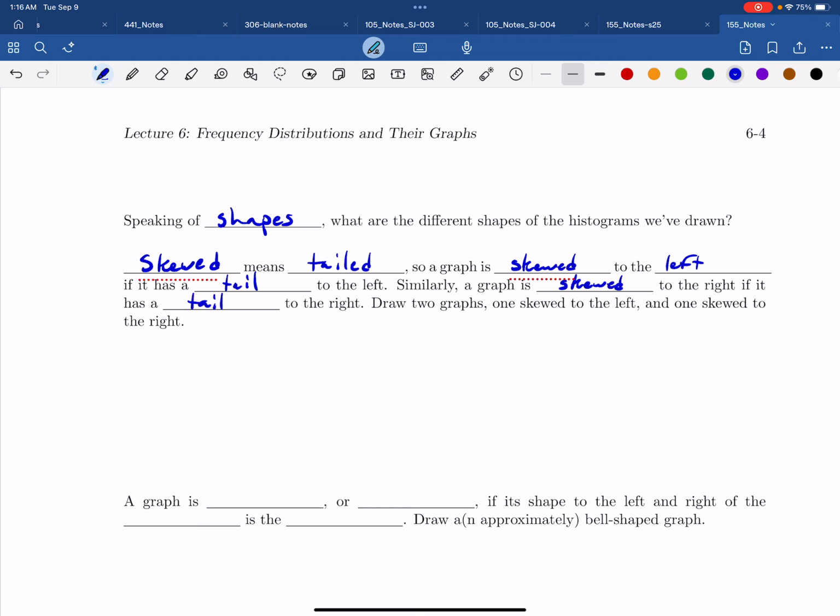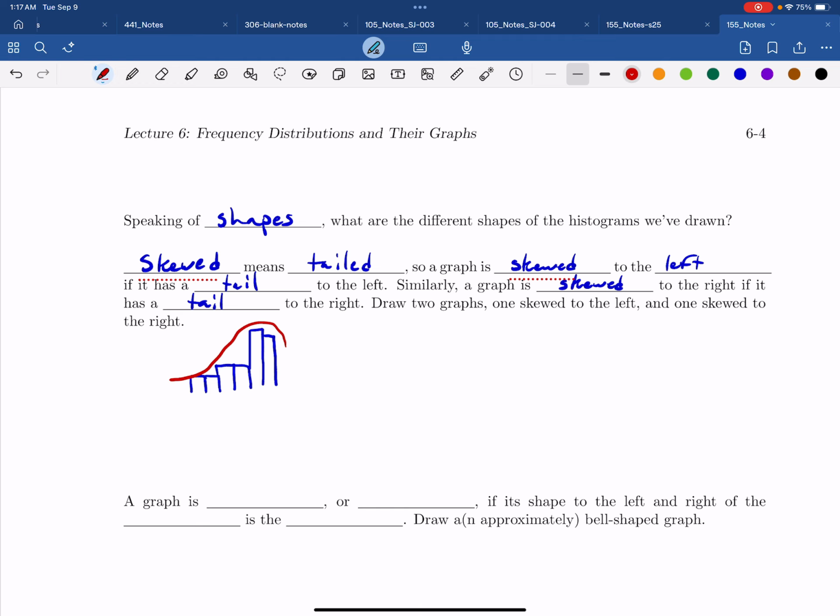So a skewed left graph would look something like this. Maybe something like this, and then eventually it's got big values, right? Let me try that one a little better. Maybe something like that, where the rough shape is like it's got a little bit of a tail going on.